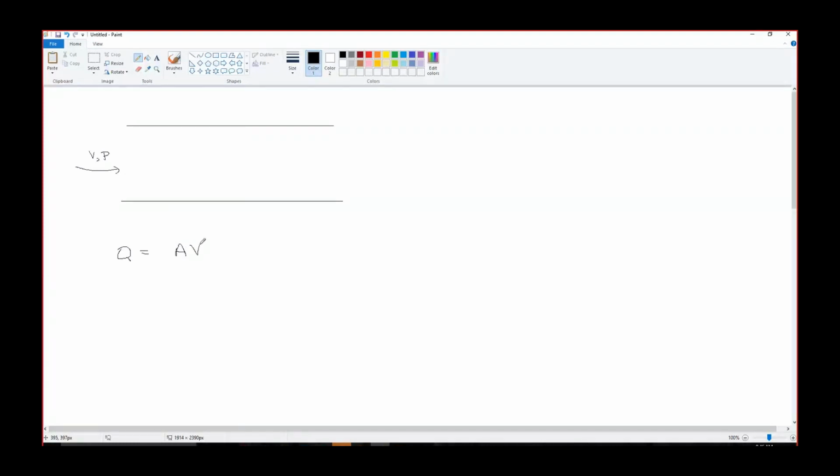So I need to know the area, which I can measure very effectively if I have any diameter measuring device, screw gauge, vernier calipers, or a meter tape. I can measure this area. There's no problem with that. I need to know the velocity v.